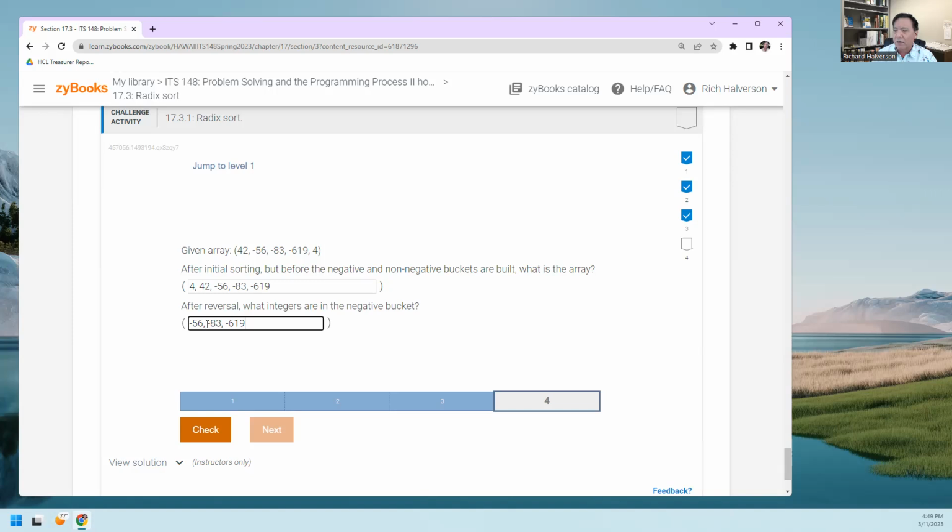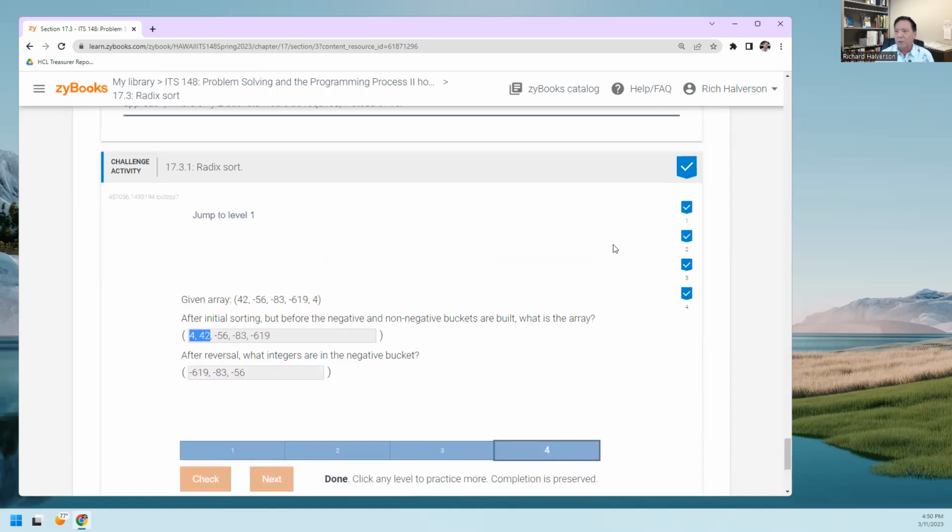So really it's 618 first, minus 83 is next, and minus 56. Now it's reversed, and after the reversal, they are actually in sorted order. Appended onto that is going to be the 4 and 42 for the full sort. This is what the integers are in the negative bucket, and we can see that's the answer.